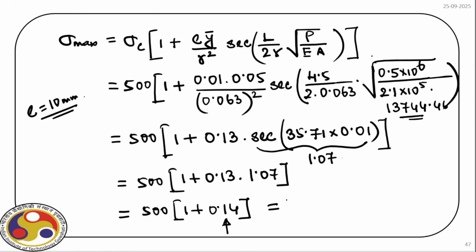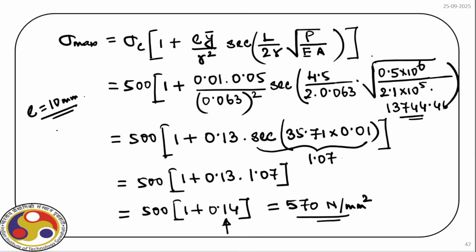So 500 into 1.14, which is 570 Newton per millimeter square. Now we can see just by the introduction of a very small amount of eccentricity, how much stress is increased. From 500 it is now 570. So 70 Newton per millimeter square stress is increased, right?